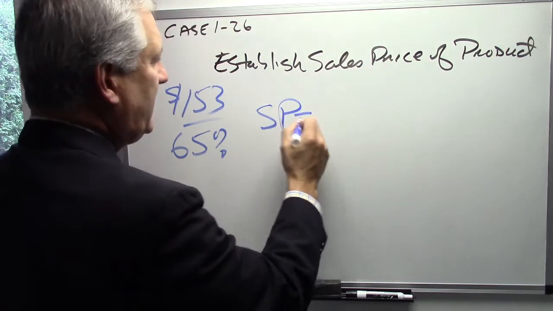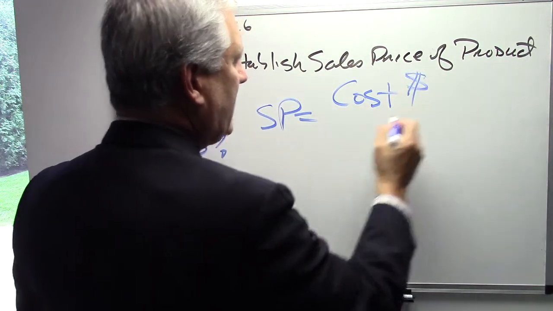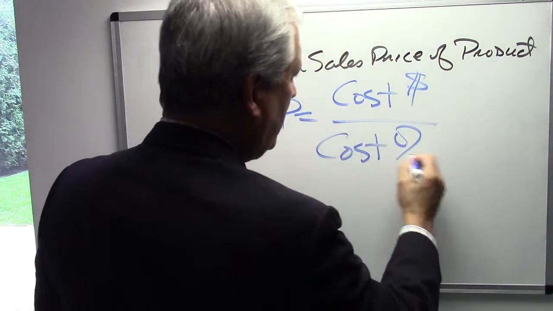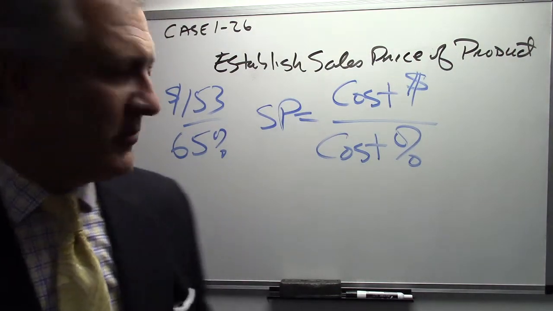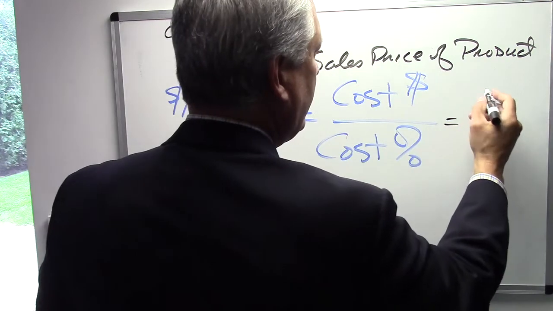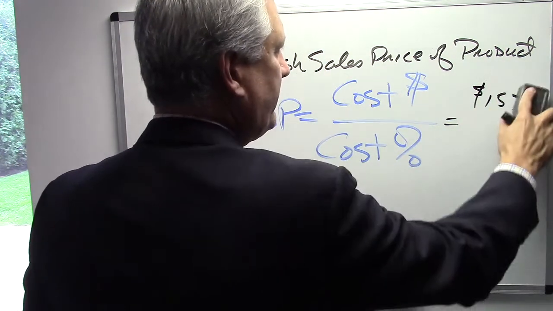Sales price equals cost dollars divided by cost percentage. What is the cost per unit? We know that, $153.